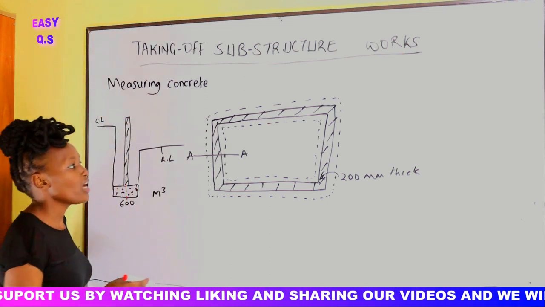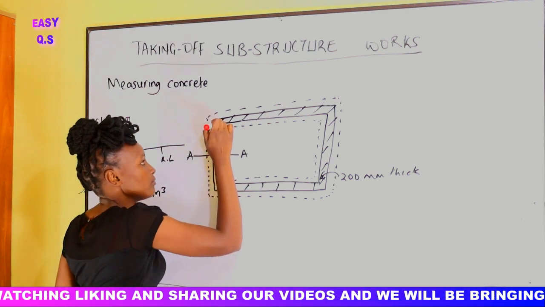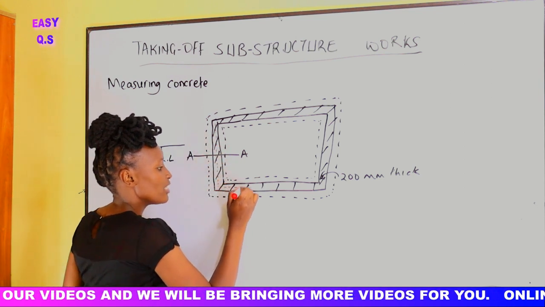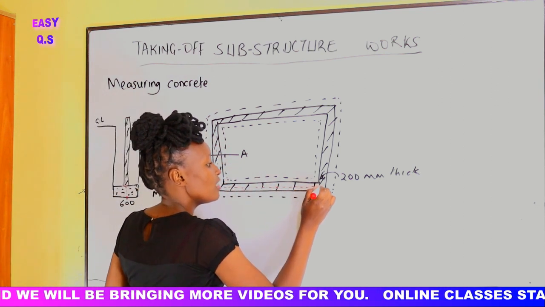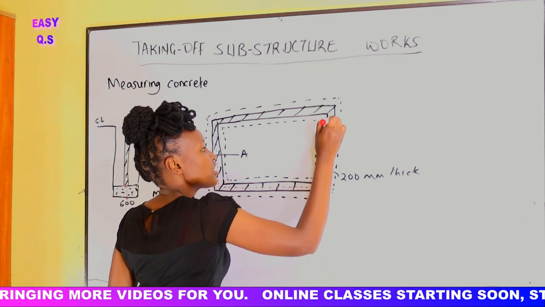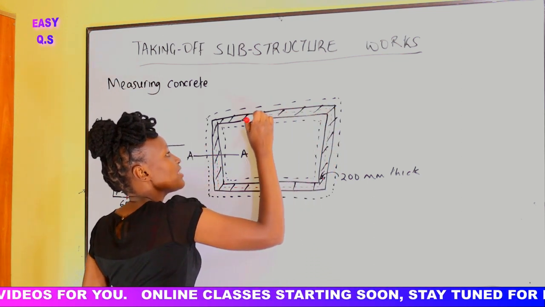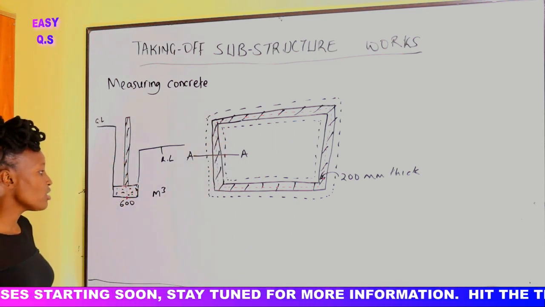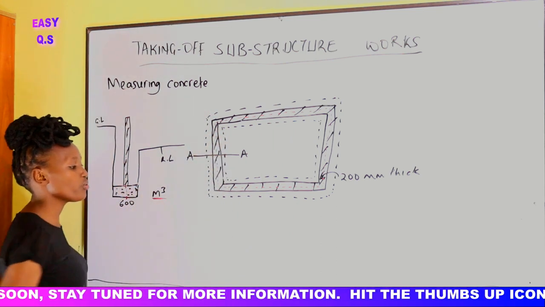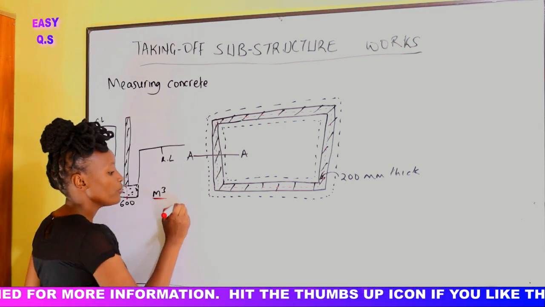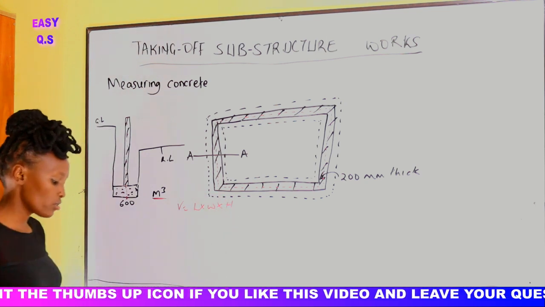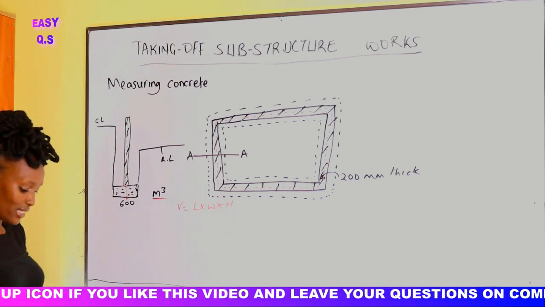That's the center. Now if we come round here, this is the center line. And we say that if we take the center line, then we multiply by the width of the trench, then we multiply by the thickness of the concrete, we'll be able to find the volume of the concrete. So if the concrete is in meter cubed, we shall say volume is equal to length times width times height.